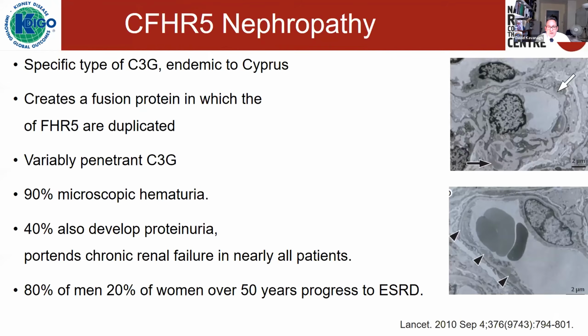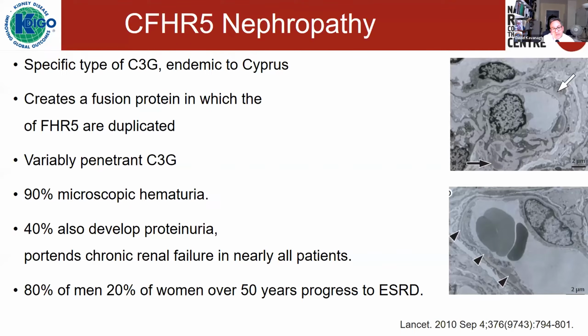Now, the most common and the best well characterized of this is the CFHR5 nephropathy, which is endemic to Cyprus. This creates a fusion protein in which CFHR5 has an extra dimerization domain and competes with factor H. It's variably penetrant.